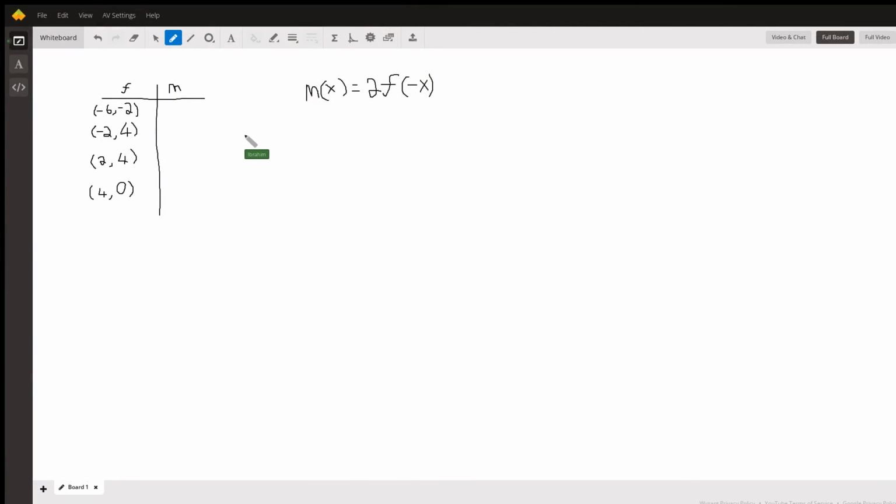So in this question, we see that f is a function that they gave us, and they want us to find the table of values for m.